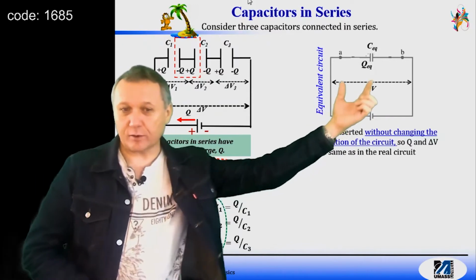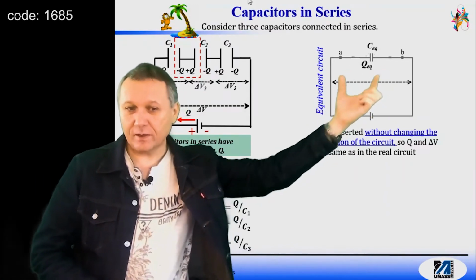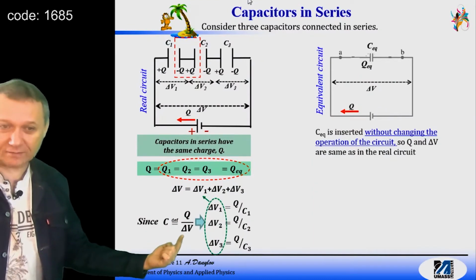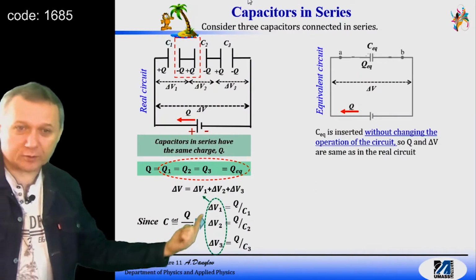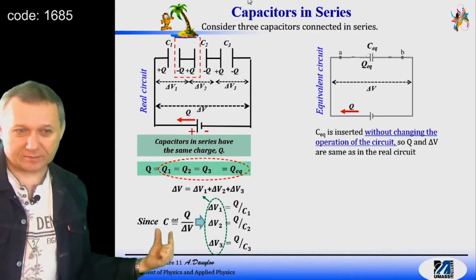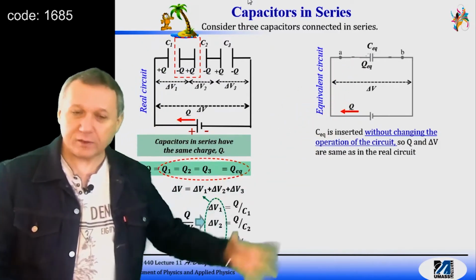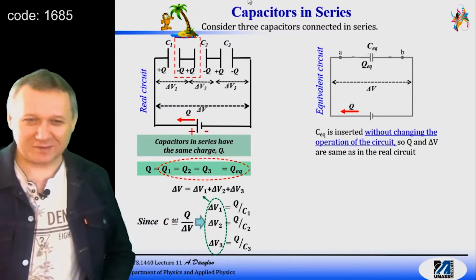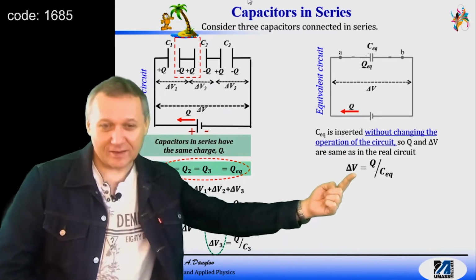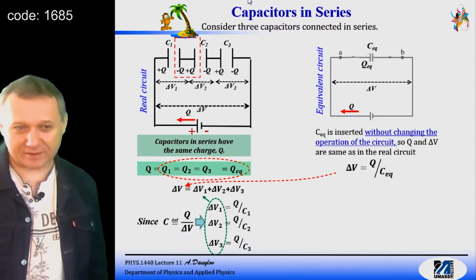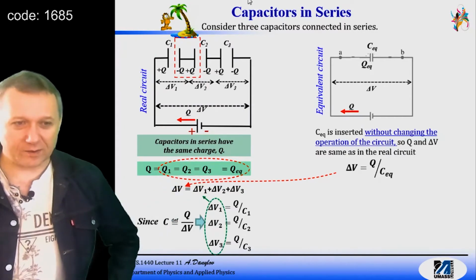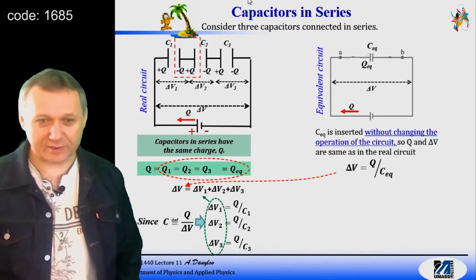So delta V across the C equivalent, again using the definition of capacitance, equals Q equivalent, which is also Q, divided by C equivalent, from that circuit. So now this can be used on the left-hand side. Again, the structure of the slide is exactly the same as what we had at the end of the previous lecture.